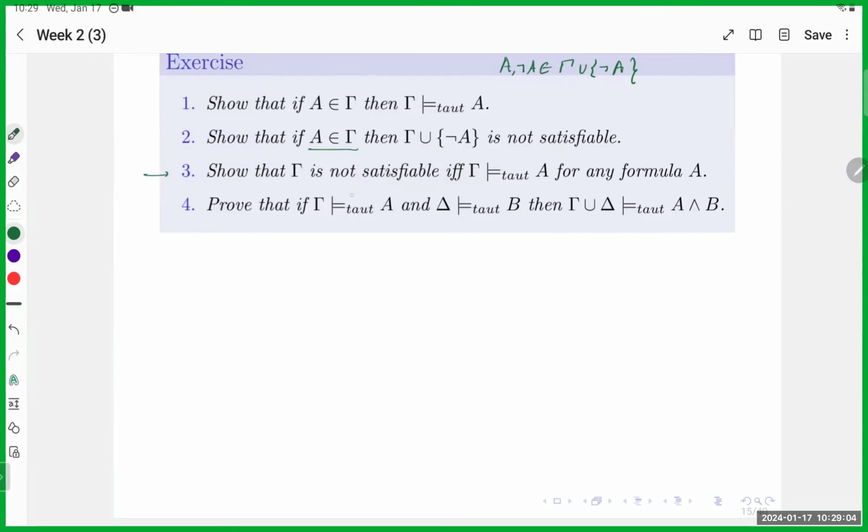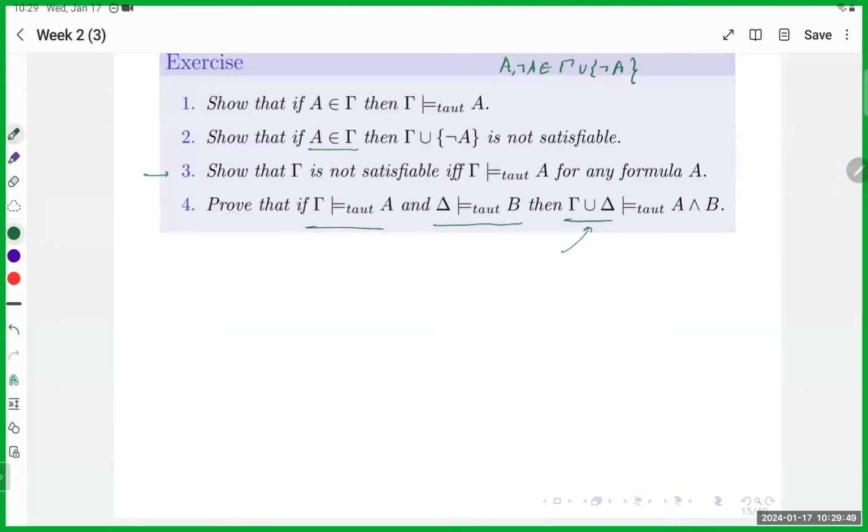Prove that if gamma tautologically implies A and delta, another set of formulas, tautologically implies B, then if you put all your hypotheses together, that means take the union of gamma and delta, the set that contains all the hypotheses in gamma and delta, it tautologically implies A and B. Again, try to prove this by showing that if a state satisfies gamma union delta, then it satisfies the formula A and B. I think the proof is kind of obvious.